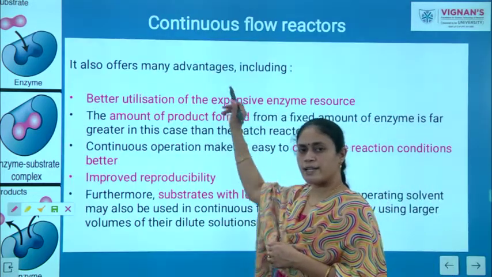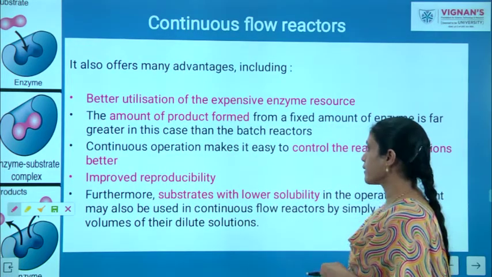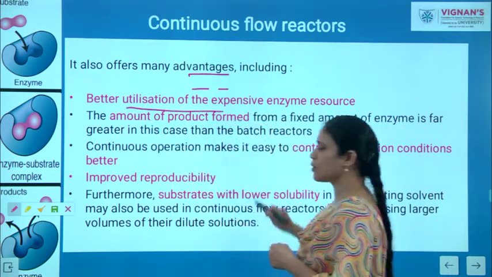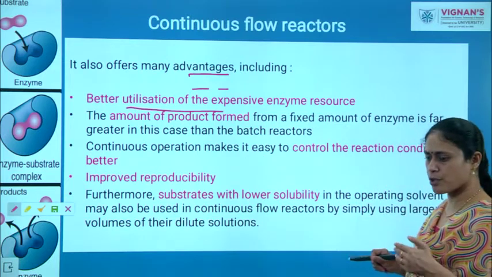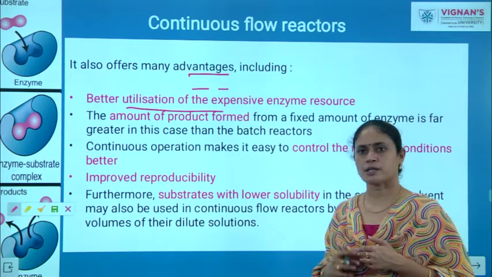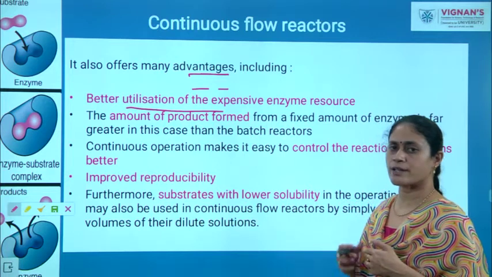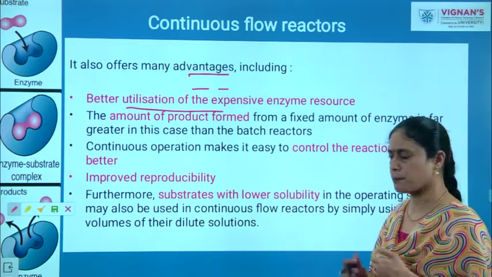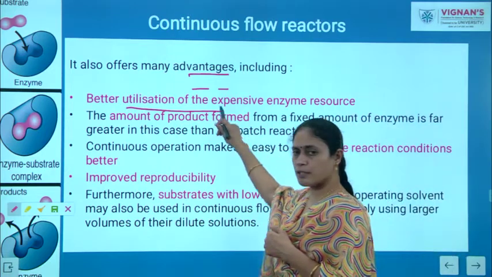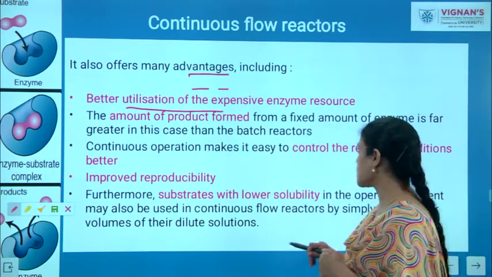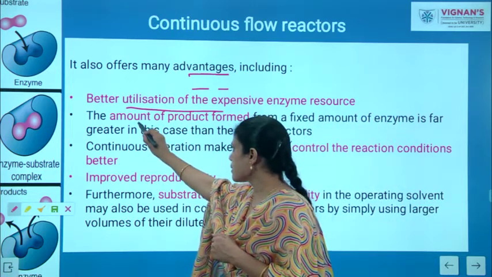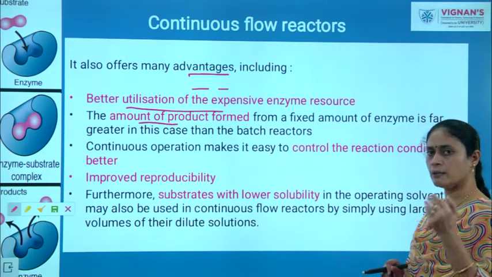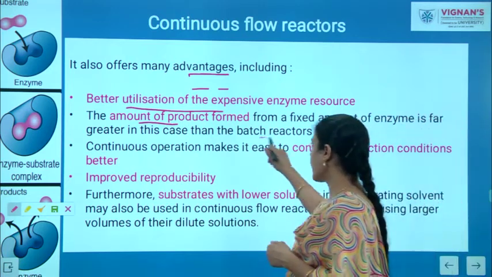What are the advantages of the continuous stirred tank reactor? It gives better utilization of expensive enzymes, as you are continuously supplying substrate and the enzyme is continuously converting the substrate into product. So you are using your enzyme continuously, and by this method you can continuously use your expensive enzyme resources. Then, the amount of product formed will be higher compared to batch reactors.